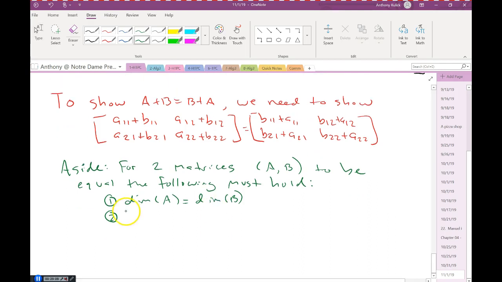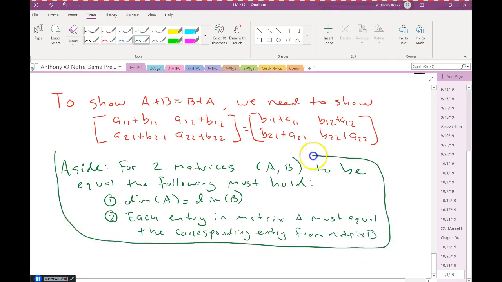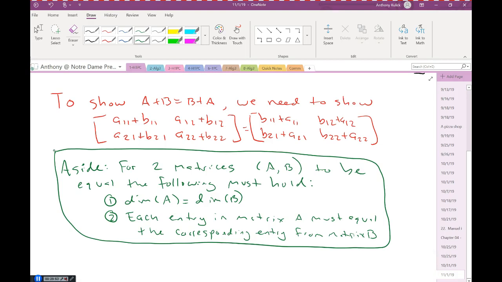So the way I'm going to write this is that each entry in matrix A must equal the corresponding entry from matrix B. Everybody's okay with that idea?